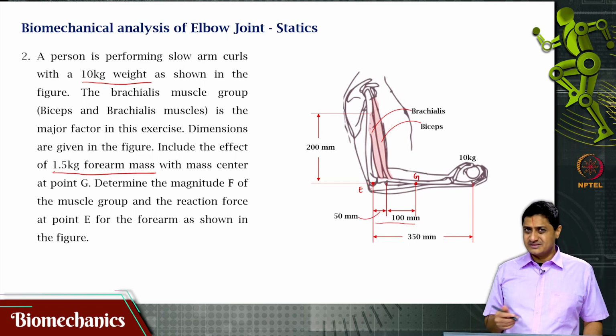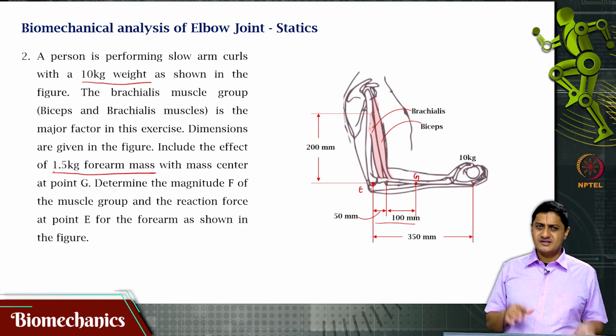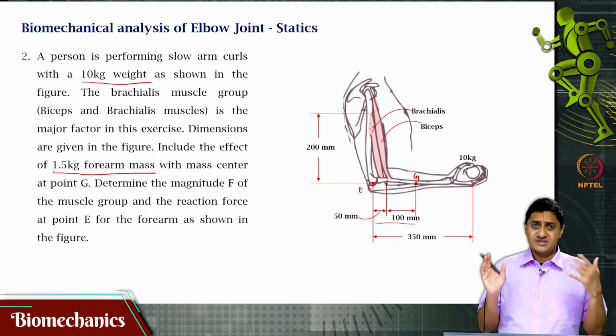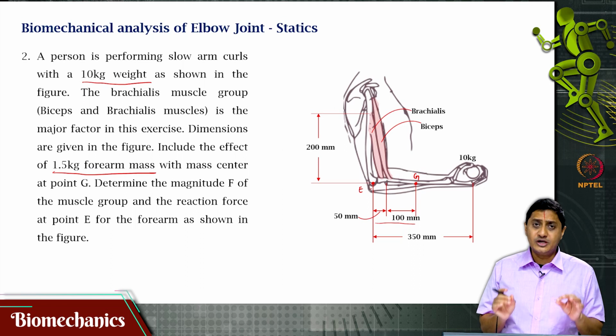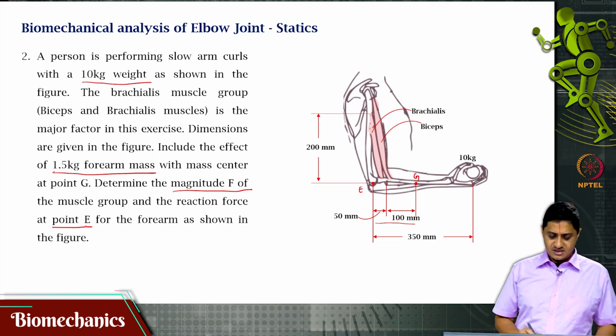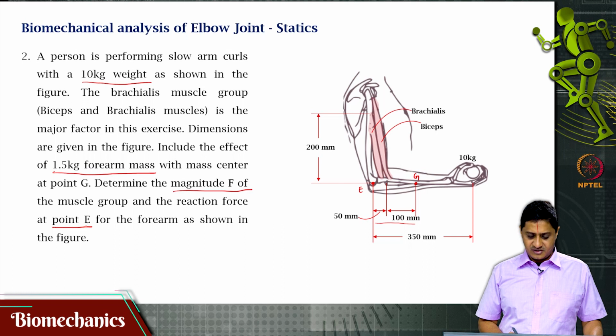It's not a single muscle, but a group of muscles, so let us assume that the total force produced by all these muscles is some force F, and that is what is required to be determined. Determine the magnitude F of the muscle group and the reaction force at point E of the forearm as shown in the figure. We need to find the reaction force also.